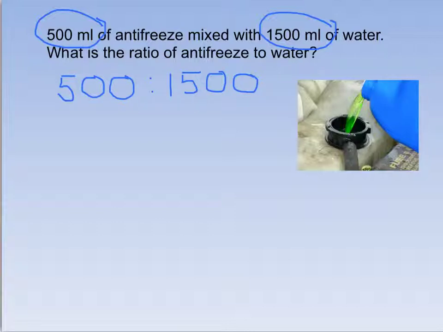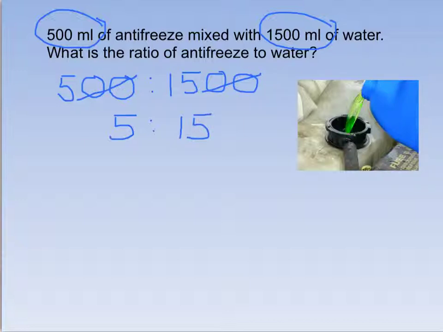Now in comparing these two numbers, we need to try to simplify them in some way, and this process is similar to the work on fractions we did a few weeks ago, where we cancelled numbers down. In this case we can cancel each number down by 100, so if we divide by 100 there we get 5, and then if we divide by 100 here we get 15.